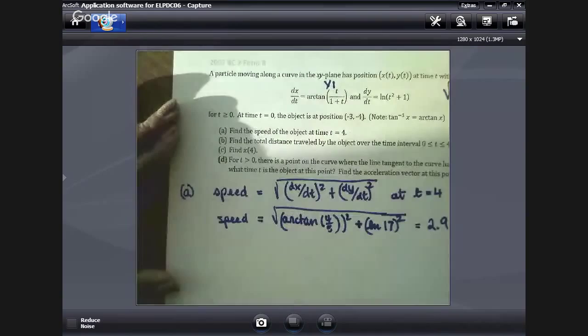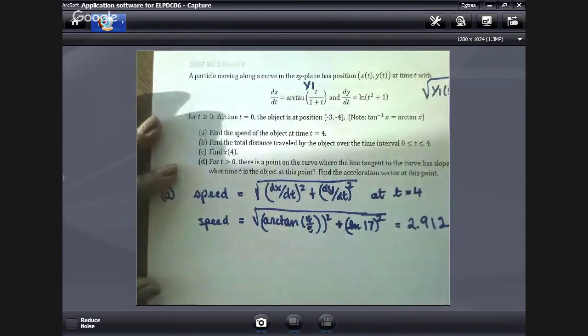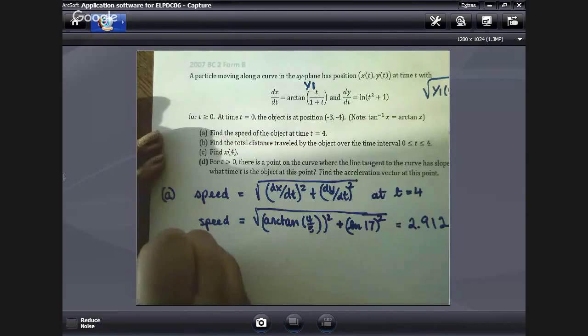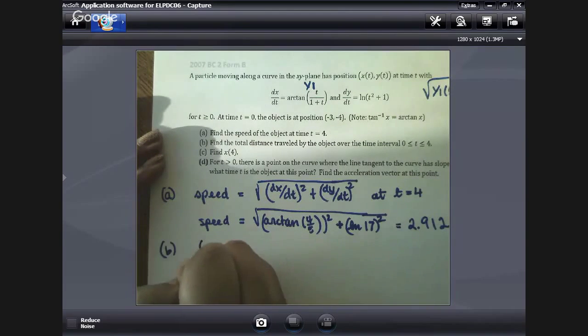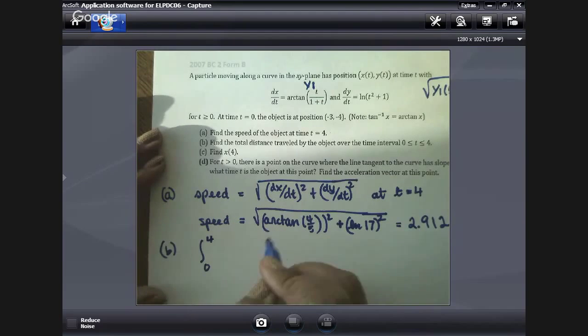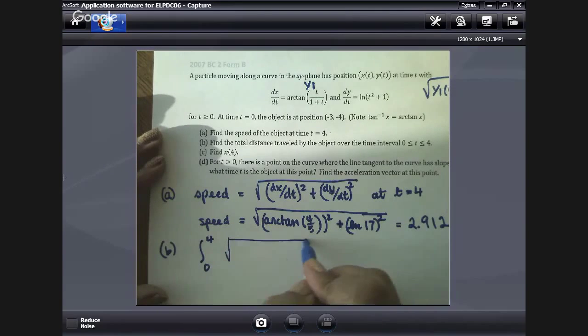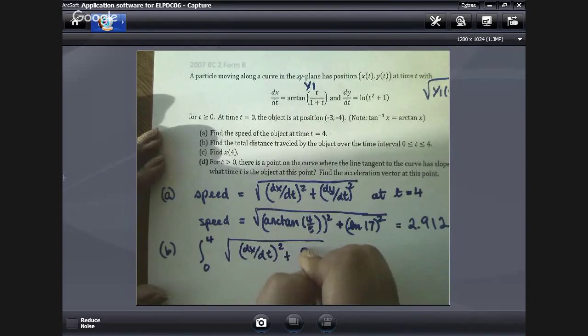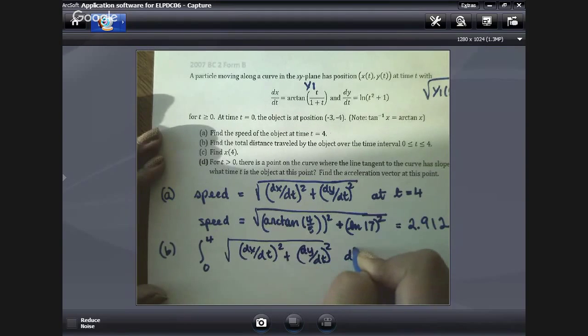Part B wants me to find the total distance traveled by the object. I mean, come on, it's the same question over and over again, right? So to find total distance, I need to integrate the speed. So this is going to be the integral of the square root of dx/dt squared plus dy/dt squared with respect to t.